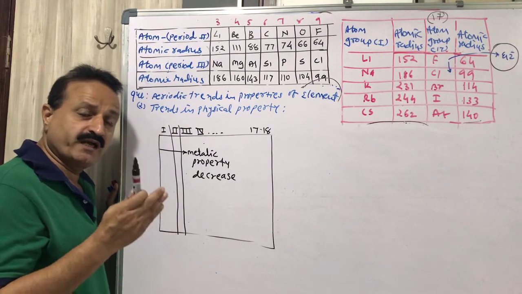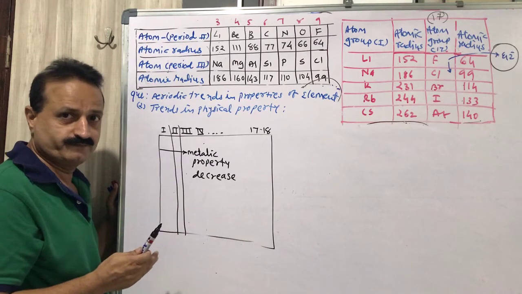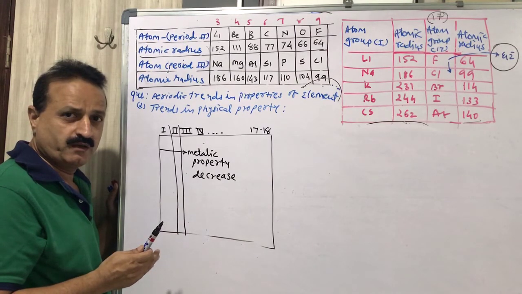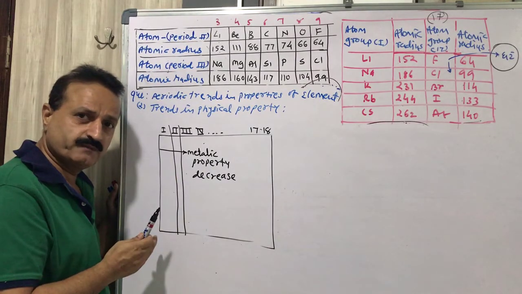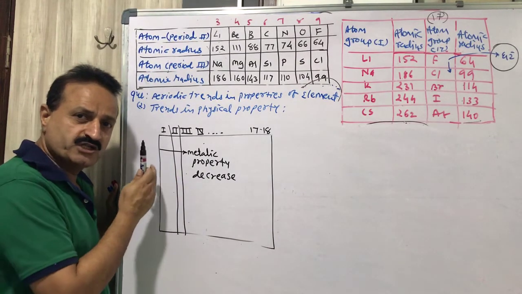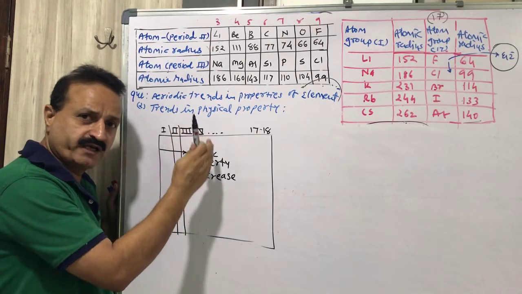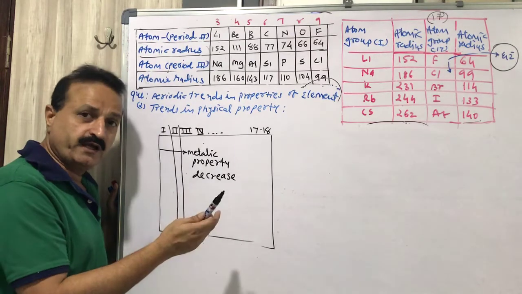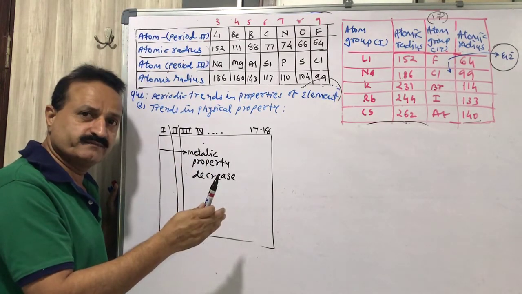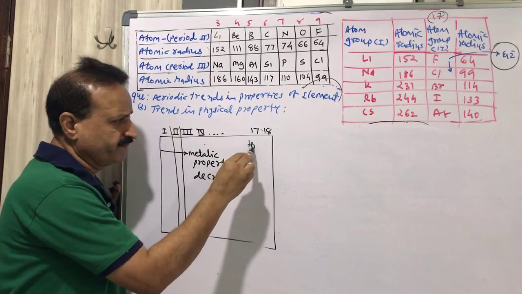So chemical reactivity of group 1 and 2 is the highest. As we go left to right, chemical reactivity decreases. Again in group 17, chemical reactivity is high.